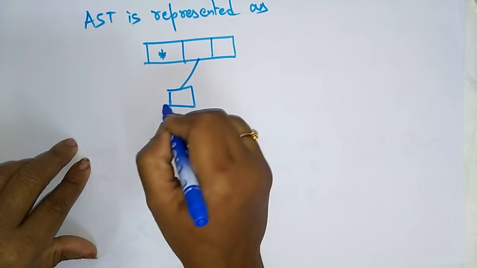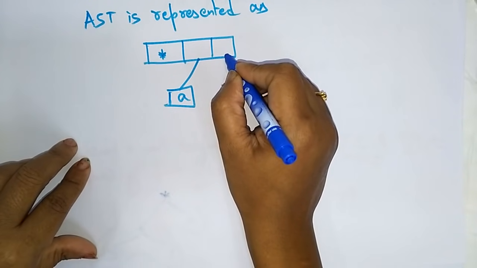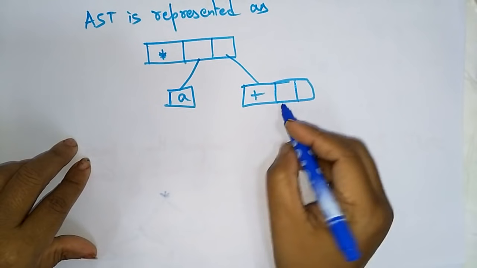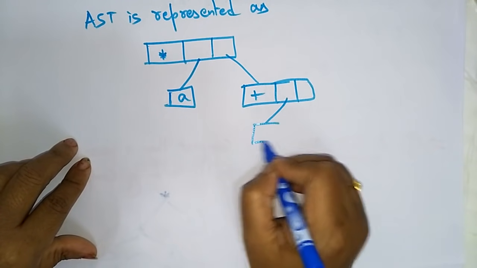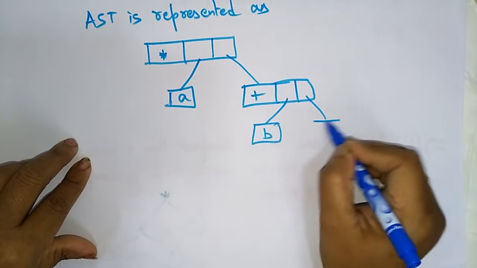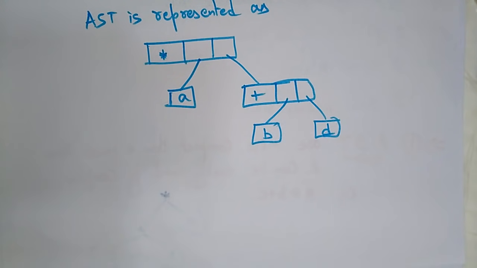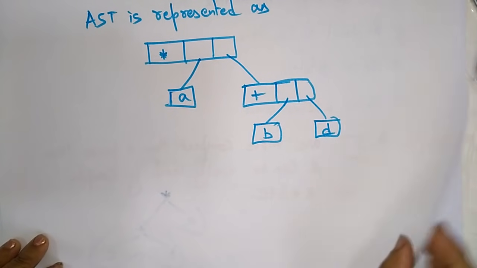So this is A and this is represented with the plus, and these are the operands. So this is an abstract syntax tree for that expression. It can be easily understood by the compiler rather than the parse tree. Okay. Now let's see the second one.